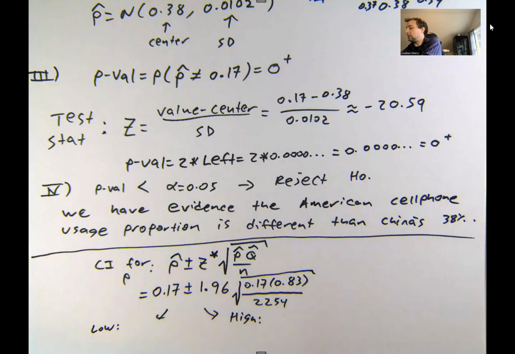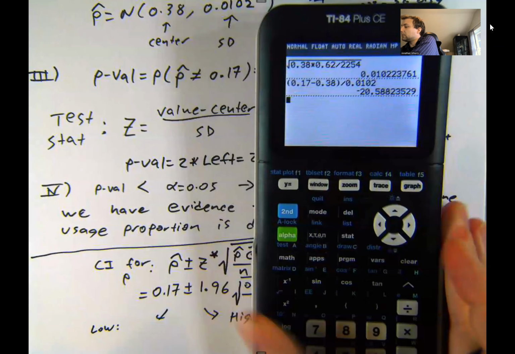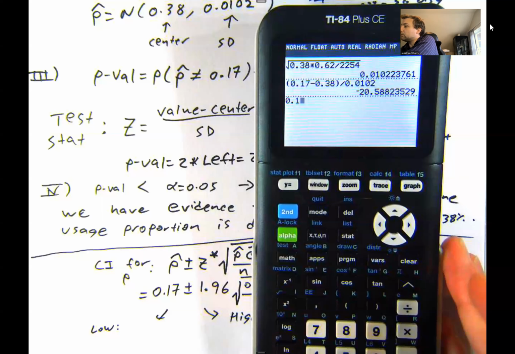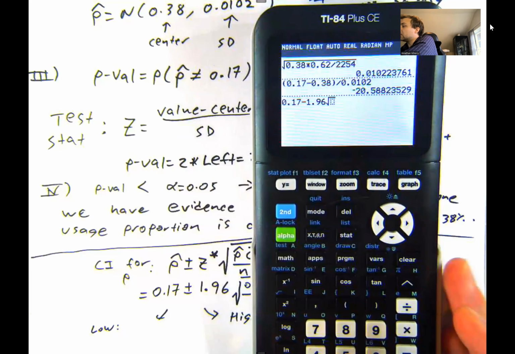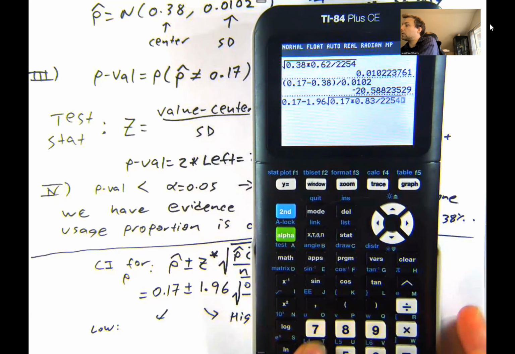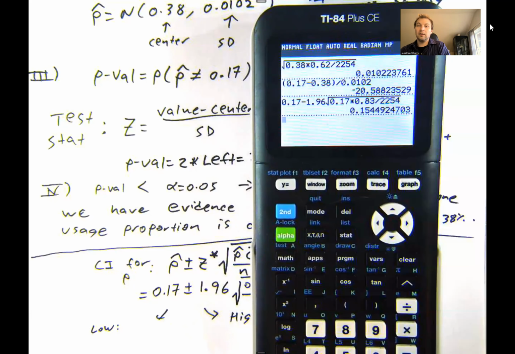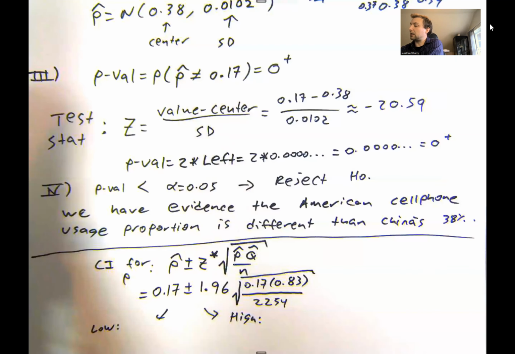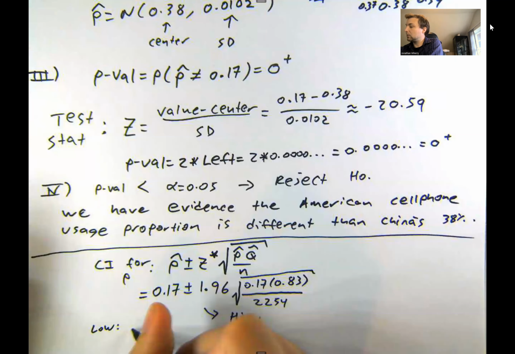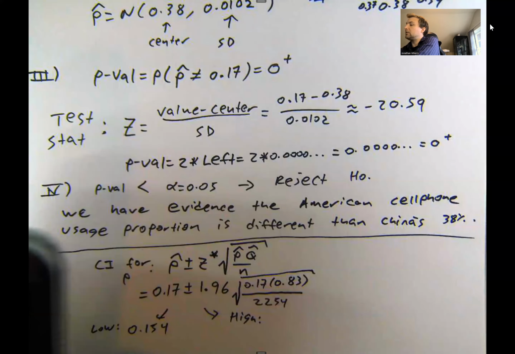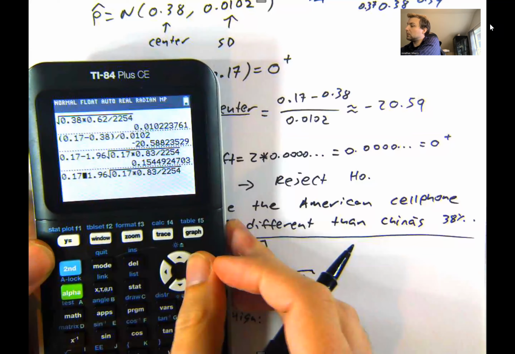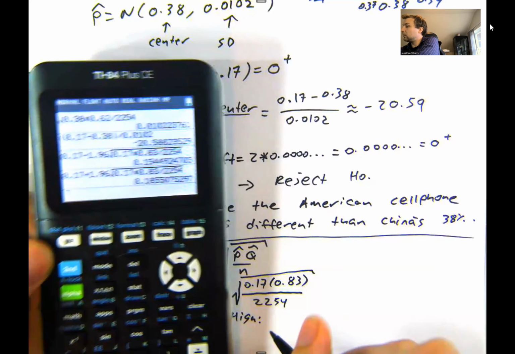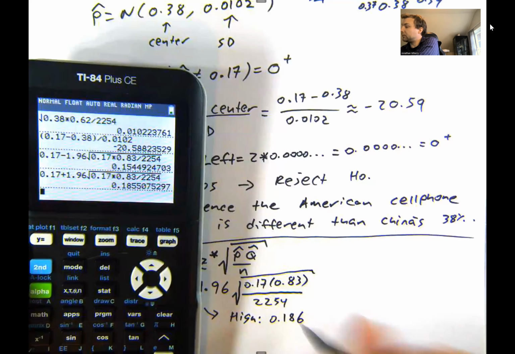So if I type this in, 0.17 minus 1.96 times the square root of 0.17 times 0.83 over 2,254, I get a low value of 15.4%. Changing that minus to a plus gives me a high value of 18.6%.